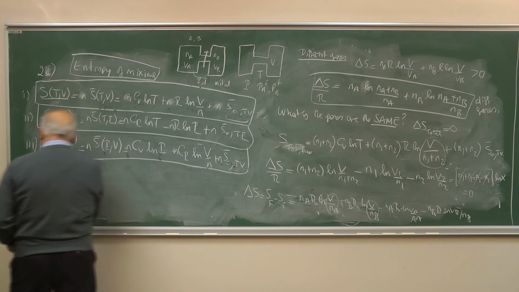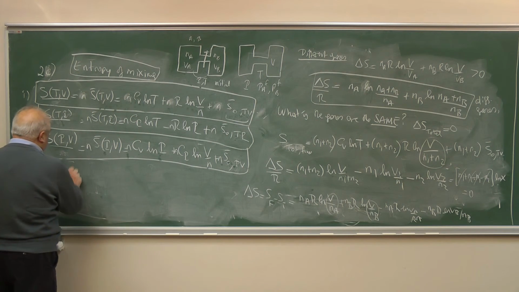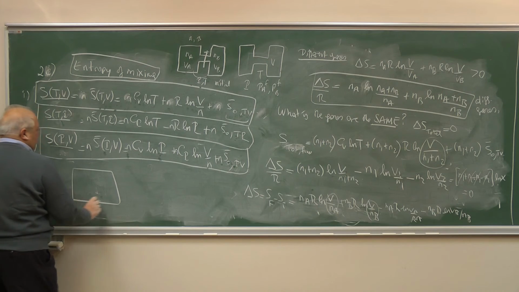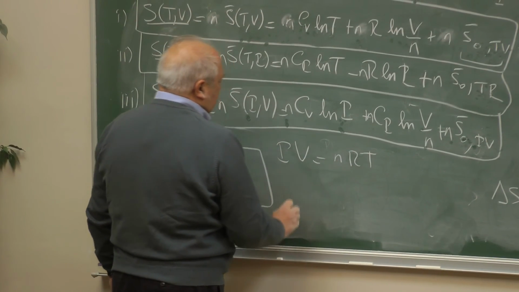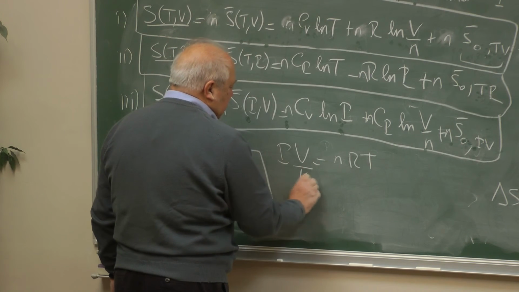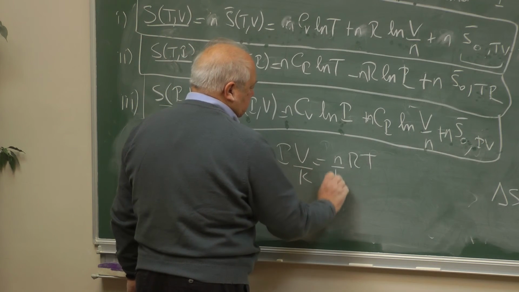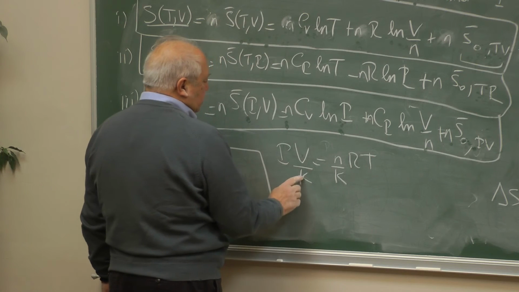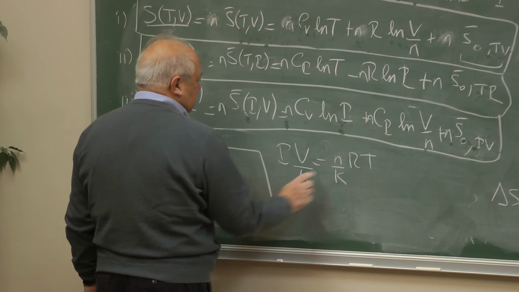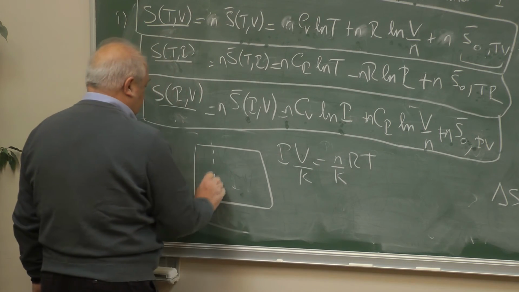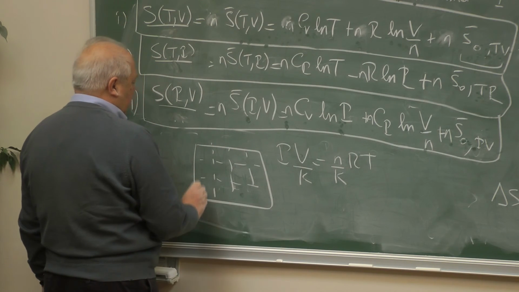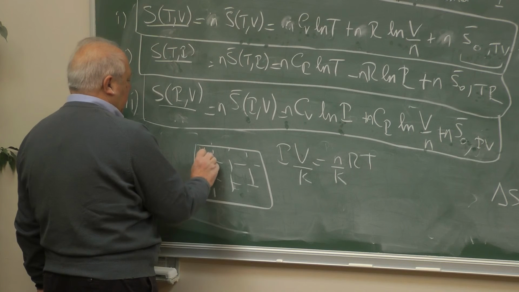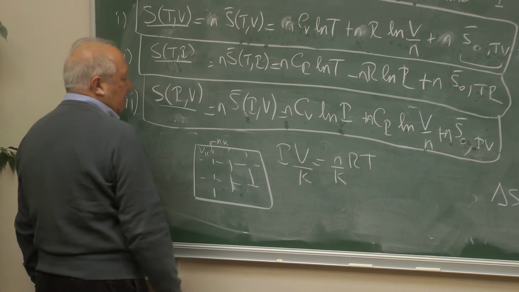Let's take an ideal gas, so PV is equal to nRT. Suppose I divide it into K cells of volume V over K, and so I make partitions. So each one is Vk with Nk particles.